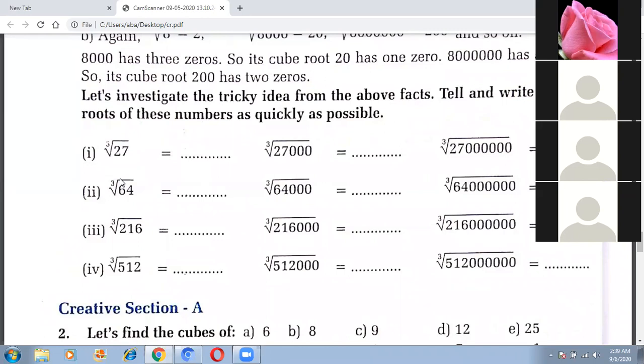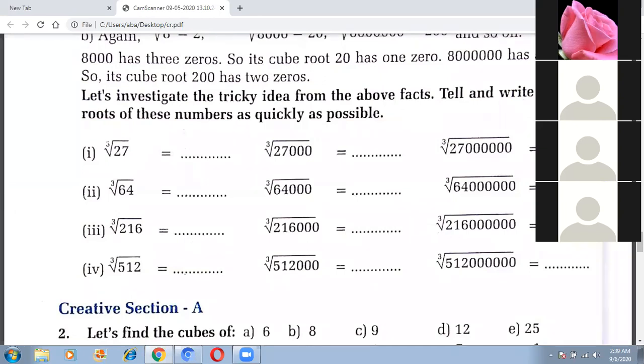What is the cube root of 64? 4. Next, 64,000. 40. Next, 400. What is the cube root of 216? 6.